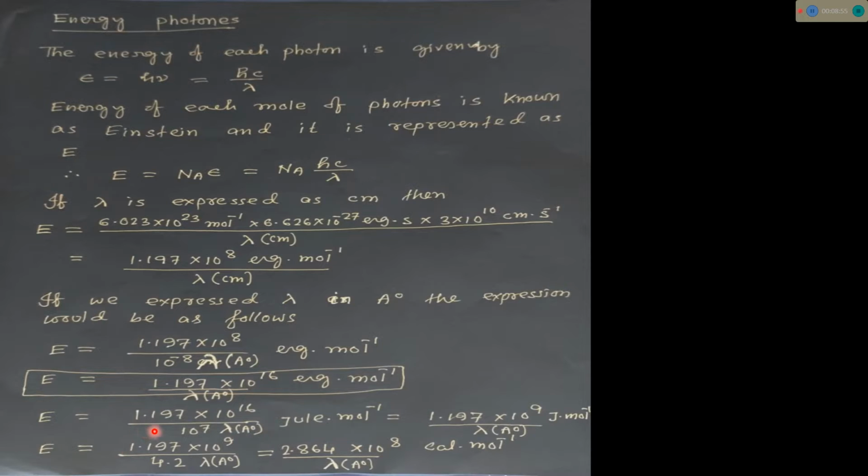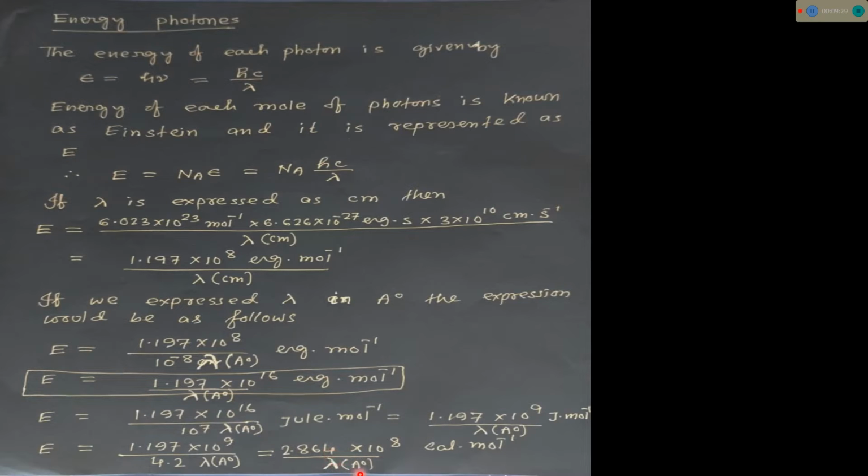If we want this expression in calorie per mole, then we have to divide this joule term by 4.2, because we know that 1 calorie is equal to 4.2 joule. So it becomes 2.864 into 10 to the power 8 by lambda.